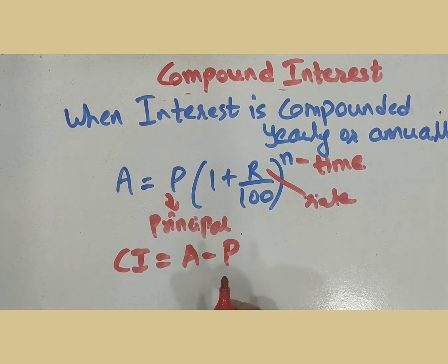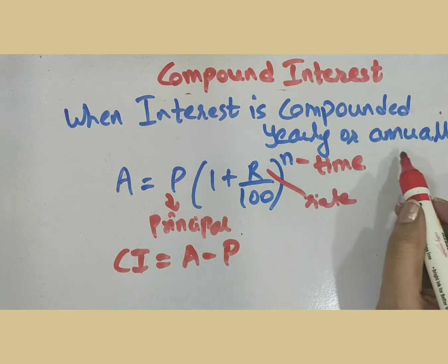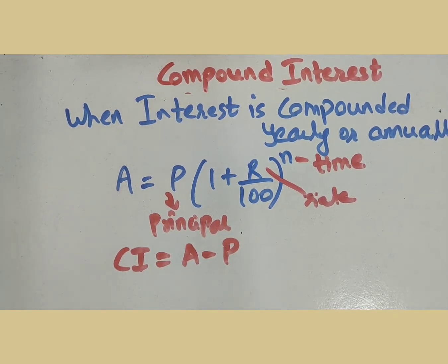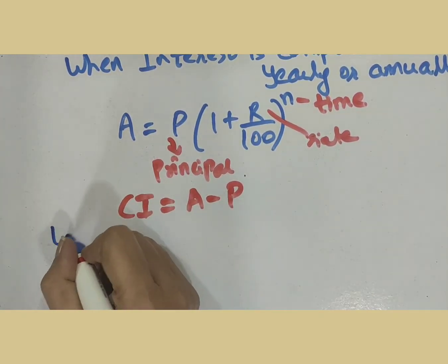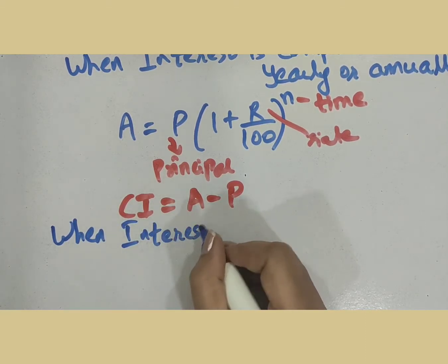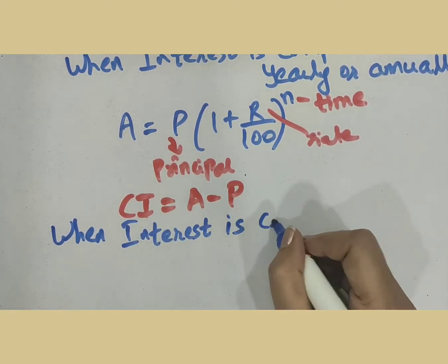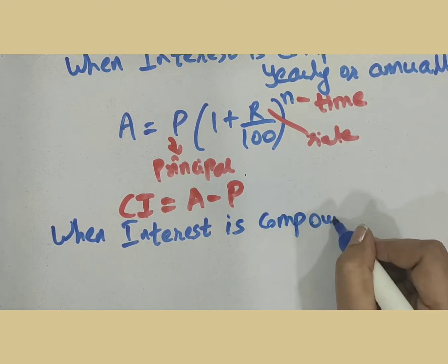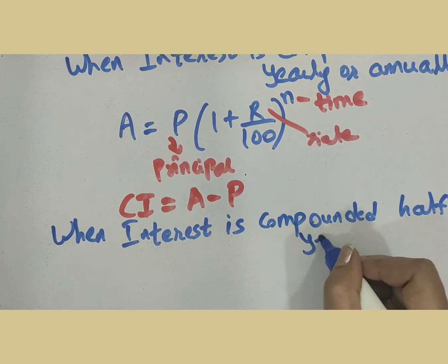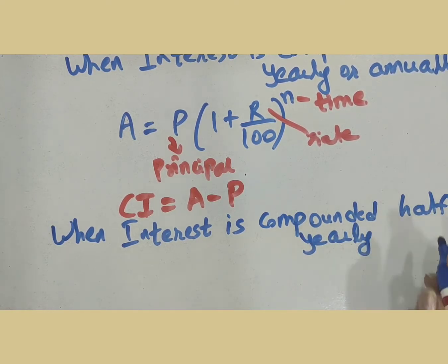But it is not always that compound interest is calculated annually. It can also be calculated half yearly. In that case, when interest is compounded half yearly, it has to be calculated twice in the same year.